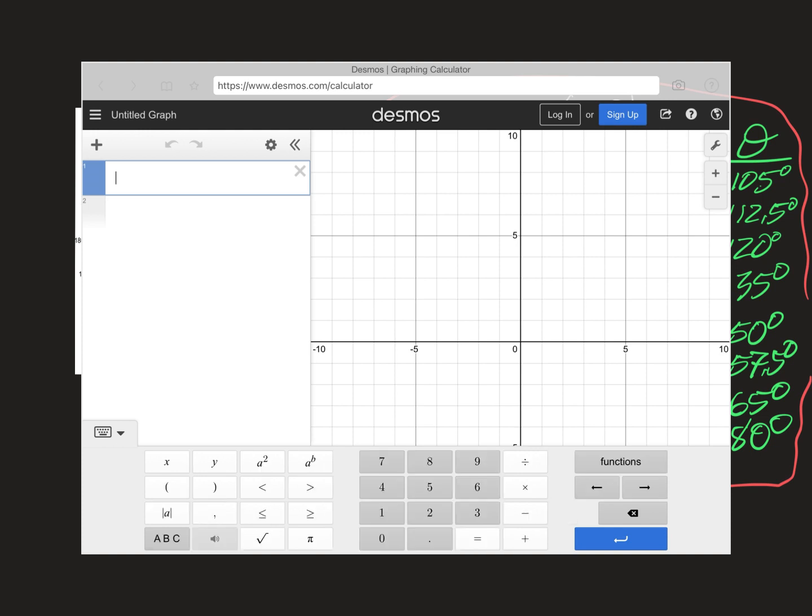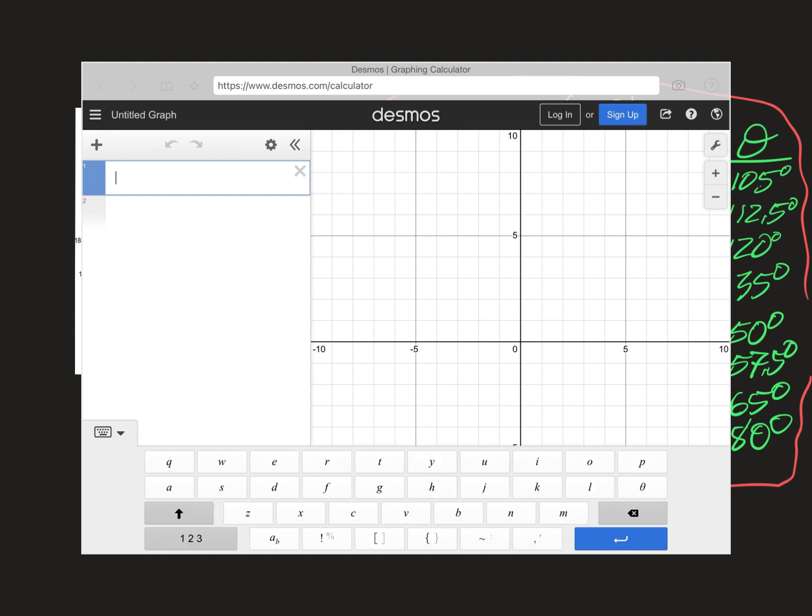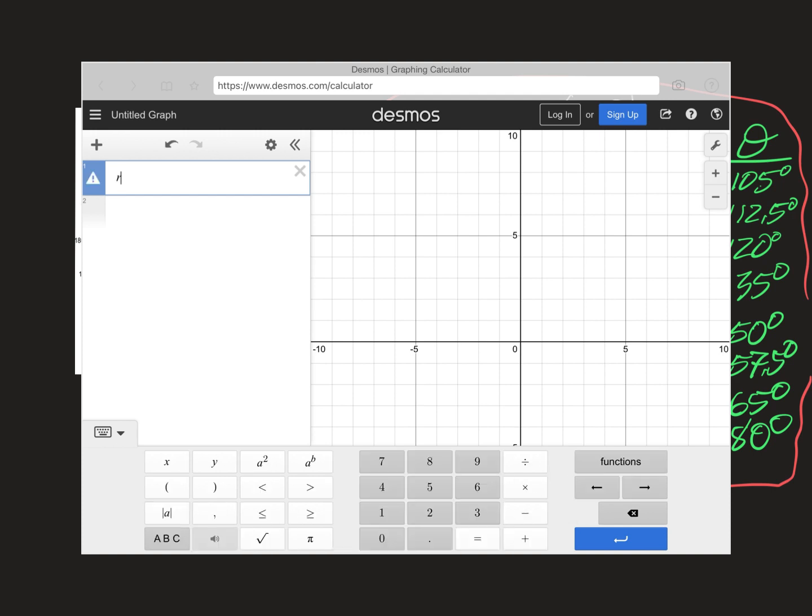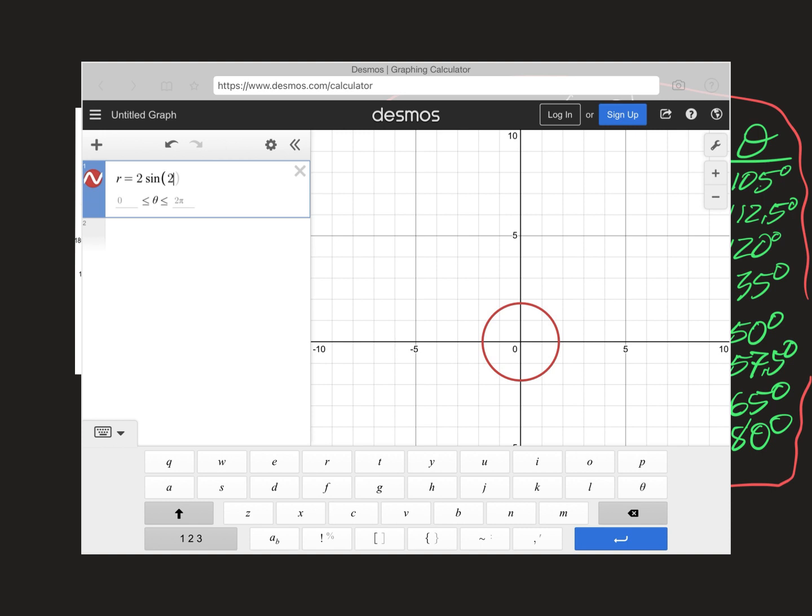So basically, I want to type R equals 2 sine 2 theta, which is our equation. So I go to the ABC and I can type R, then go back, equals 2 function sine 2, and then I go back to the ABC, and you'll look over here underneath the P, where we normally have the colon and the semicolon, they give us theta.